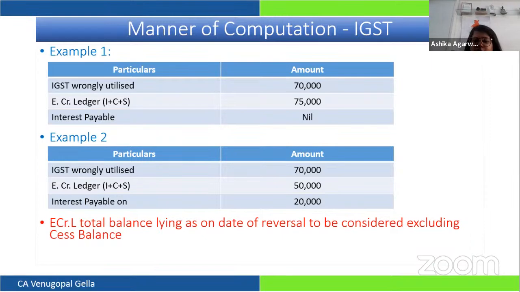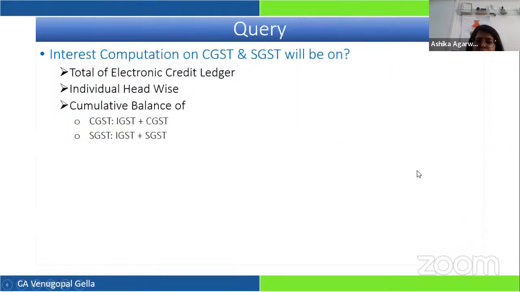In totality if it is 75K, then I would not be liable to pay any interest because my electronic credit ledger is more than the IGST wrongly utilized. However, if my total is less than it, then I will be liable to pay interest on the amount which is lower than that, that is 20K.